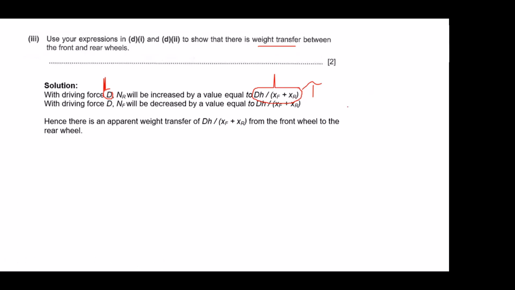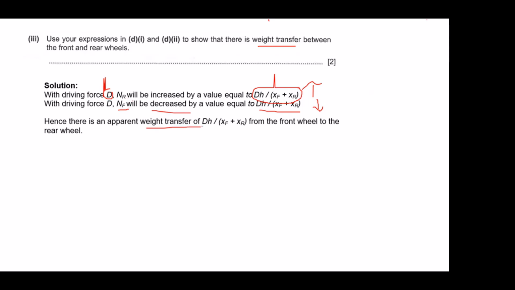When there's a driving force, the normal contact force on the front will be decreased by a similar amount. So whenever the car is accelerating, there's a forward force, there's acceleration, and the normal contact force will be transferred between the front and the rear.